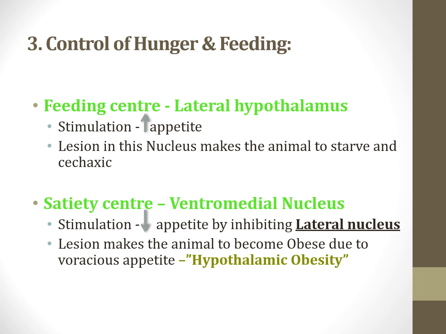Whenever their level goes up, the hypothalamic nuclei sense it and stimulate the satiety center, and the satiety center inhibits the feeding center, and therefore the feeding stops. The person is going to stop eating.